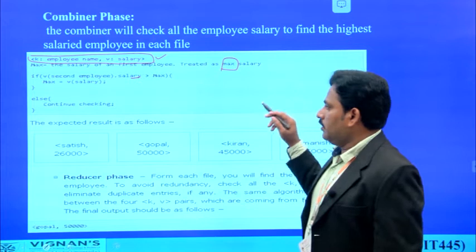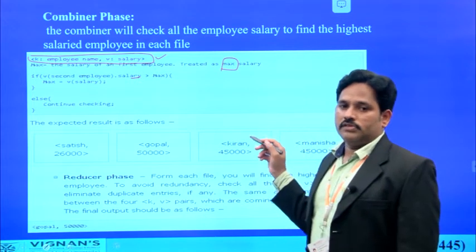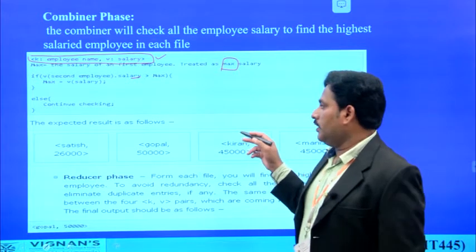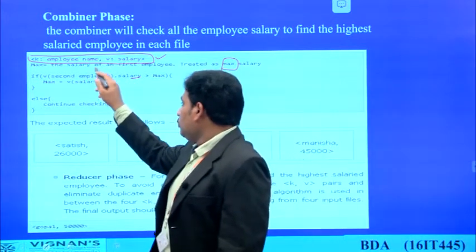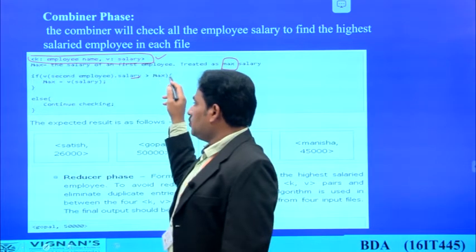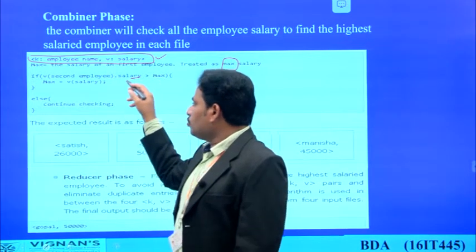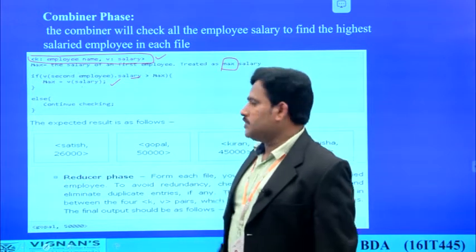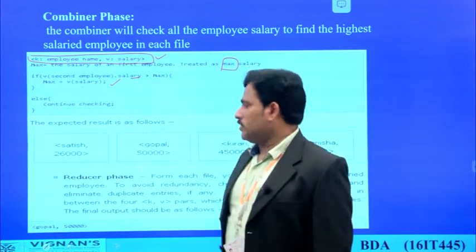Let us take the first employee's salary as 26,000 and the second employee's salary as 20,000. Is the second employee's salary of 20,000 greater than 26,000 or not? If the condition is true, it will execute the statements within the braces. If it is false, it will go to the else statement.